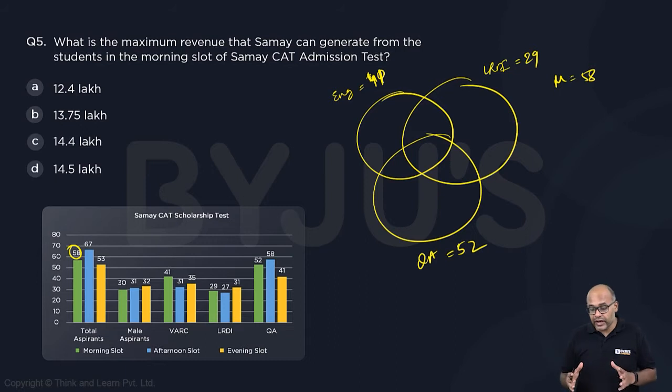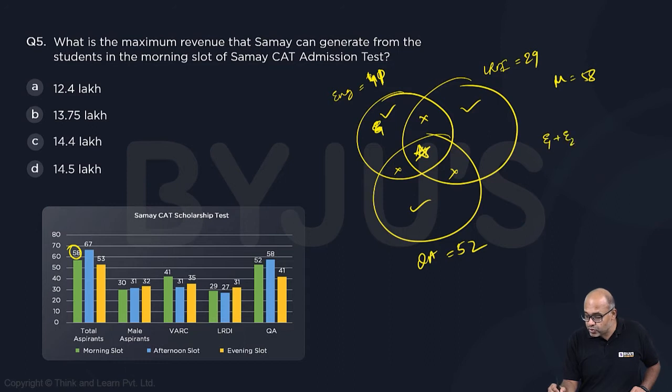Whenever you're trying to look at a maximum minimum Venn diagram like this, these three areas are exactly 1, these crosses are exactly 2, and this part, let's call it a star, is all 3, exactly 3. So exactly 1 plus exactly 2 plus exactly 3: if I add every area once, the total should add up to 58.